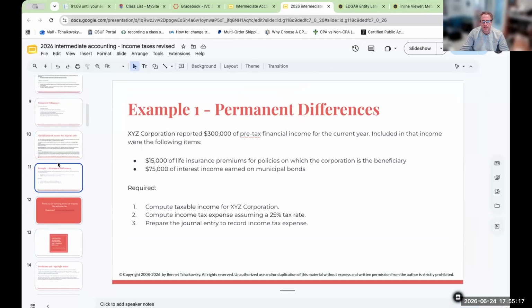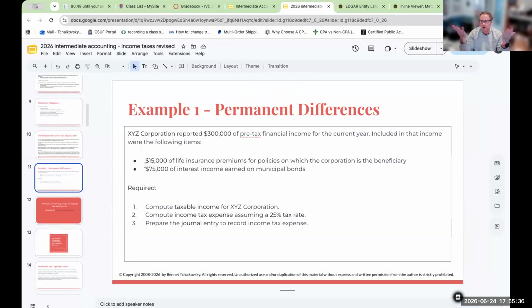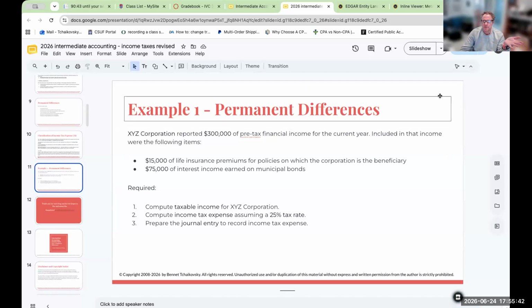We've got XYZ Corporation that reported $300,000 of pre-tax financial income for the current year. Included in that income were the following items: $15,000 of life insurance premiums for policies on which the corporation is a beneficiary. Permanent difference: $75,000 of interest income earned on municipal bonds.